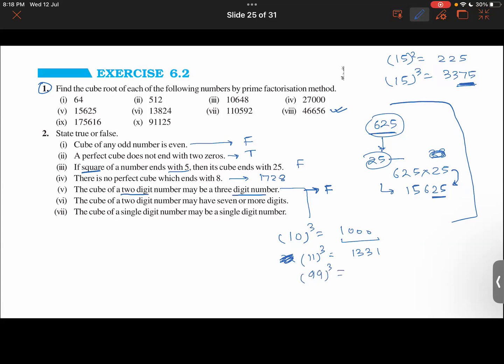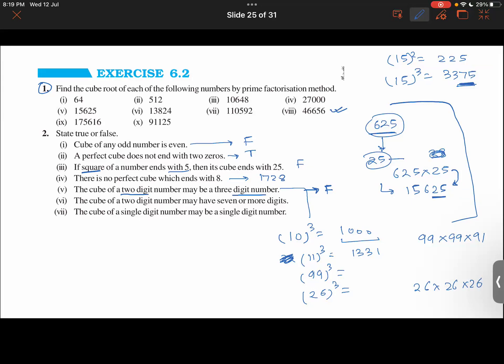What is the cube of 99? Find it out: 99 multiplied by 99 multiplied by 99. Okay, Ahmed, find this one. And Arhan, find the cube of a 2-digit number other than 99. Let's take 26. Find the cubes of these two numbers.